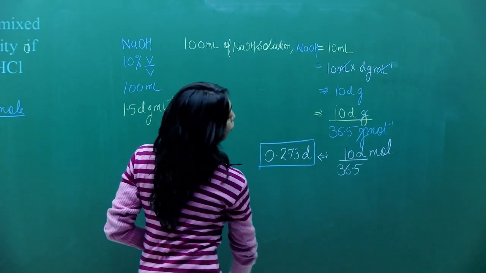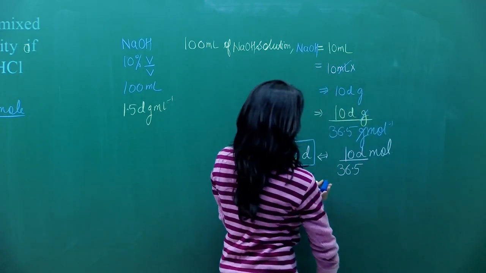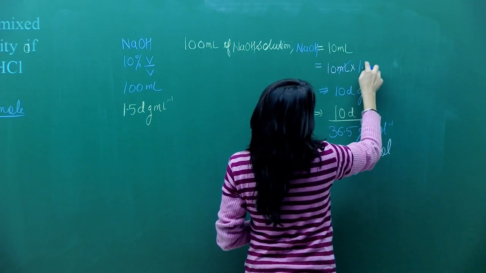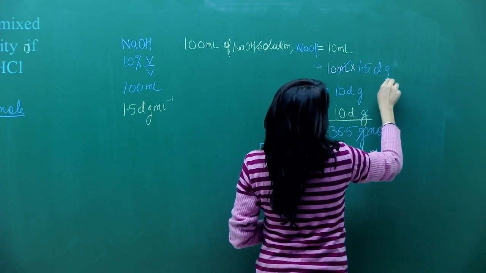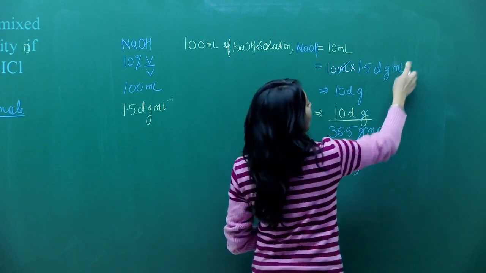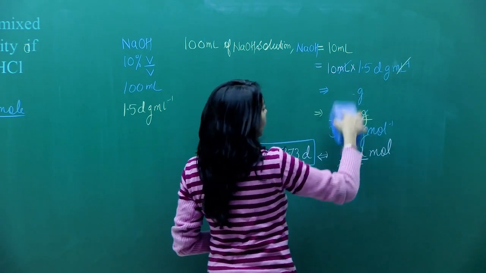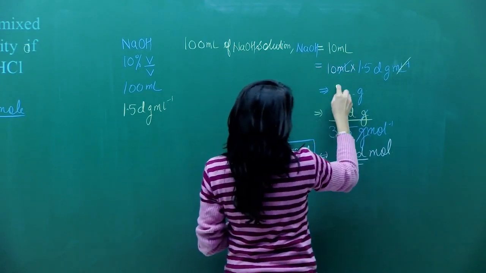Now 10 ml into density, it's not d grams per ml, this time it is 1.5 d grams per ml, right? So per ml will again get cancelled. Now 1.5 into 10 will become 15d.